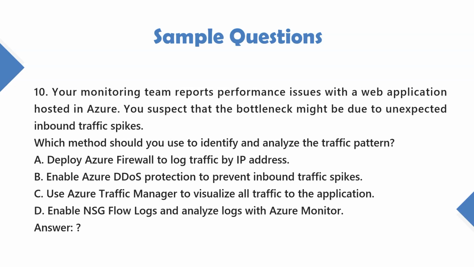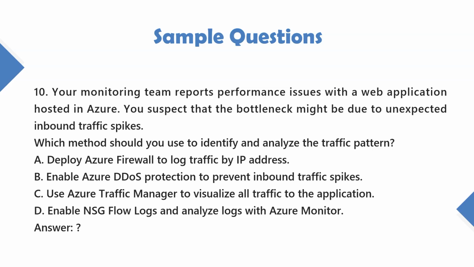10. Your monitoring team reports performance issues with a web application hosted in Azure. You suspect that the bottleneck might be due to unexpected inbound traffic spikes. Which method should you use to identify and analyze the traffic pattern? A. Deploy Azure Firewall to log traffic by IP address.